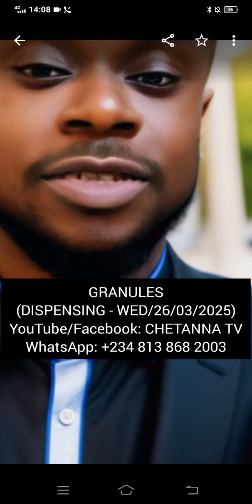Is that clear? Uncoated is normal. The first step, the normal one you produce. Once you granulate, what you produce is uncoated.